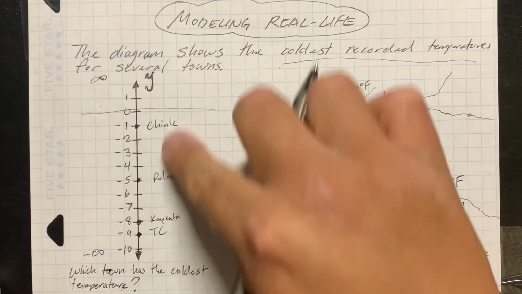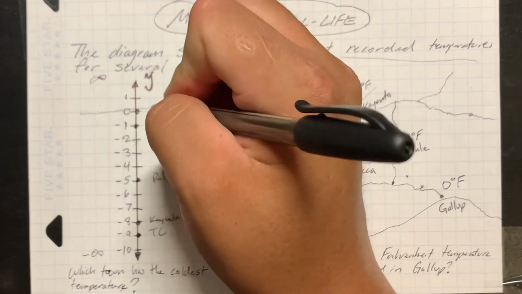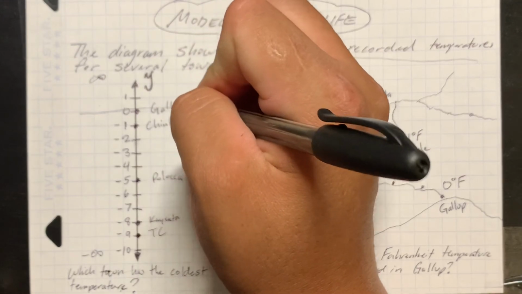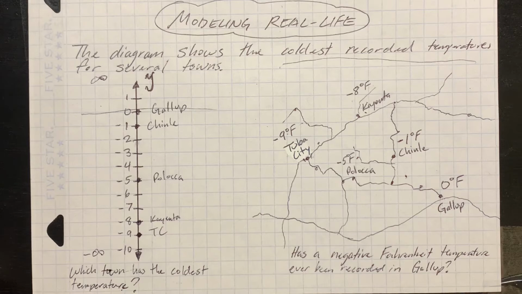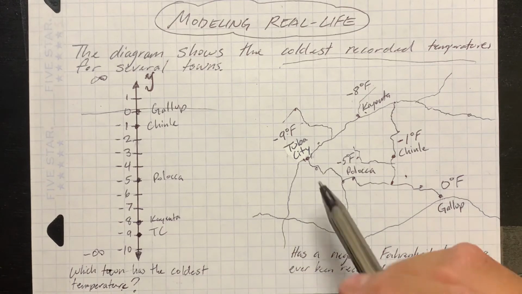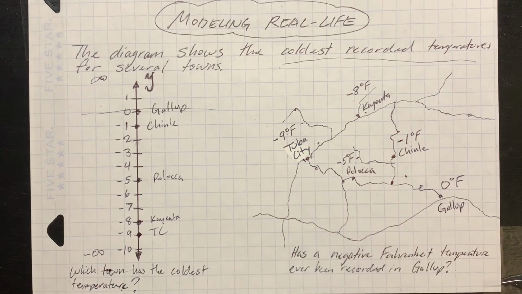And notice how I'm labeling it as well. And then Gallup, New Mexico. Kind of want some Mexican food from Jerry's. All right, Gallup, 0 degrees Fahrenheit.